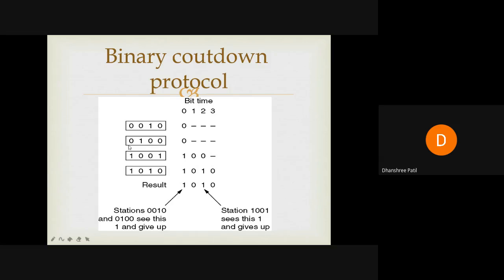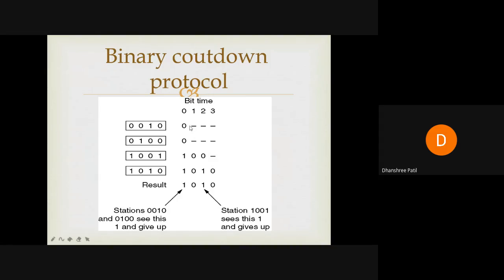The first bit of every address is considered first. So 0, 0, 1, 1, that will be the first bit. Now a boolean OR operation is performed on this first bit, and the station considers that the answer is 1.